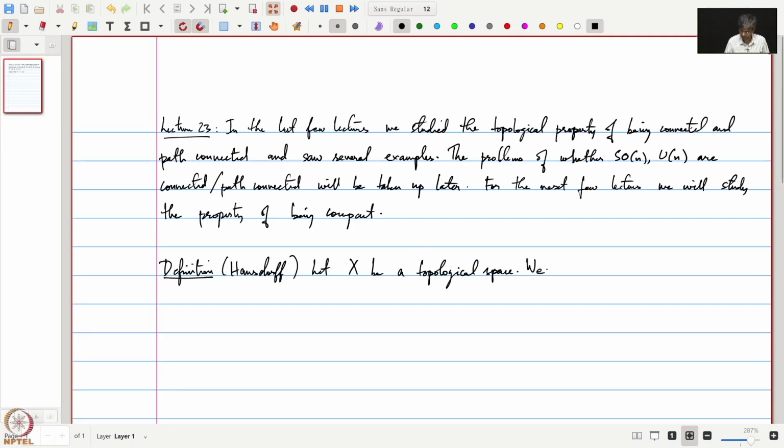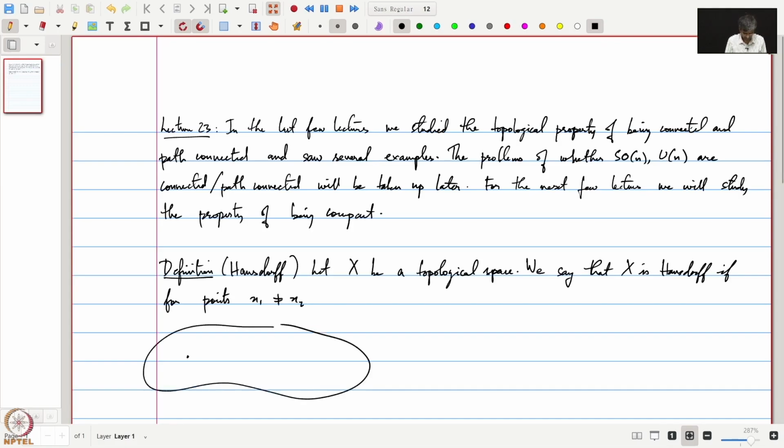We say that X is Hausdorff if for distinct points x1 and x2 in X, so we have our X, we have x1 here and we have x2 here, there should be two small open sets which contain x1 and x2 which are disjoint.